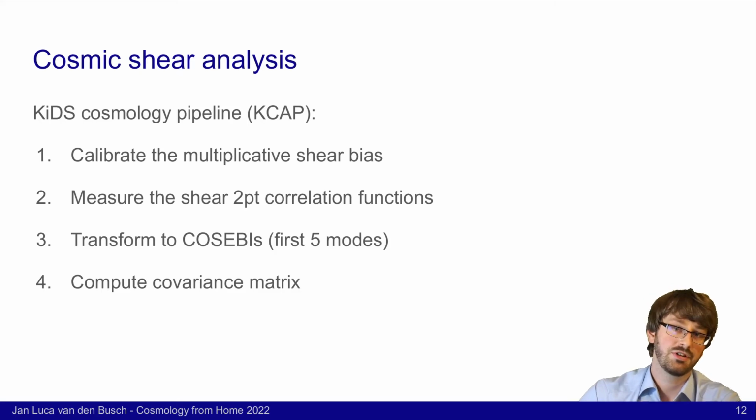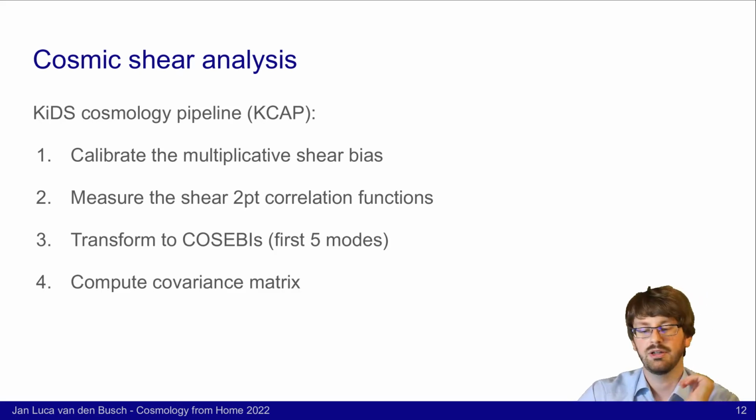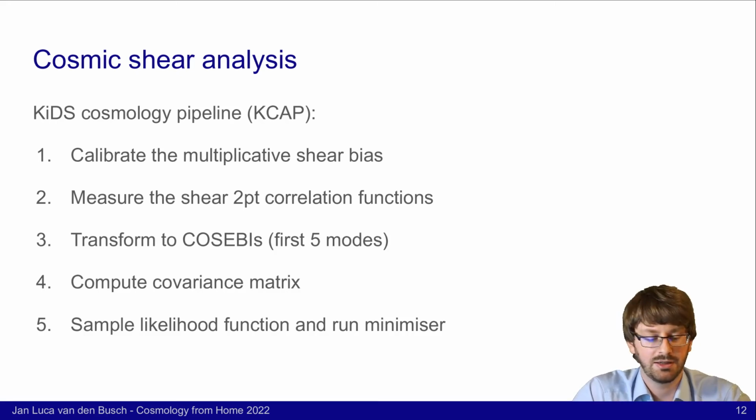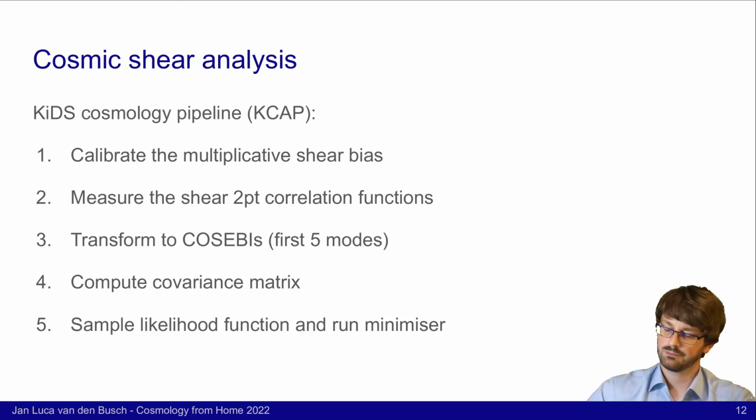Then as primary statistic for our analysis we used the first 5 COSEBI modes, for which we then also had to calculate a matching covariance matrix. And then in the end, for each gold sample we sampled the likelihood function and ran a minimizer to find the best fitting cosmological parameter constraints.